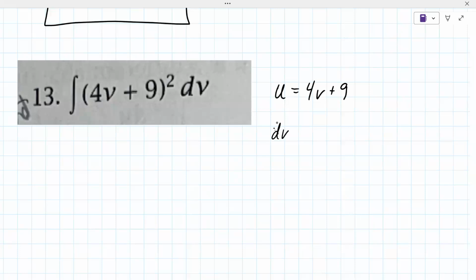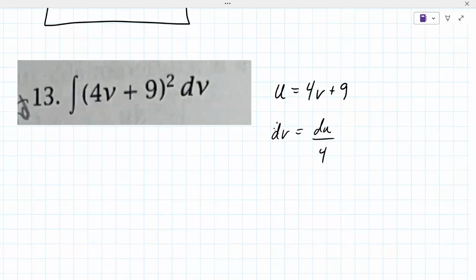Okay. And then to plug that in, I'm finding the derivative of 4v plus 9 to the second power, right? You're substituting this back in, and it should be a much simpler integral. It becomes just a power rule integral.